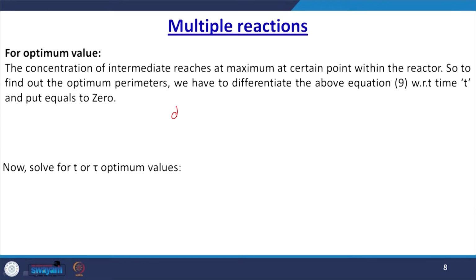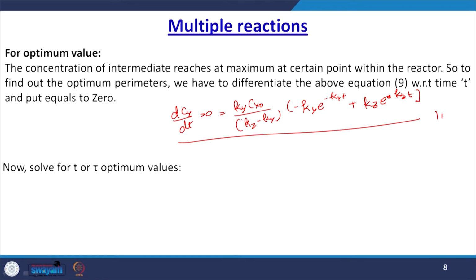In that case, dCy/dt is equal to 0, and this is ky Cx0 upon (kz minus ky) into (minus ky e^(-ky t) plus kz e^(-kz t)), not minus t. Now, this may be termed as equation number 10.